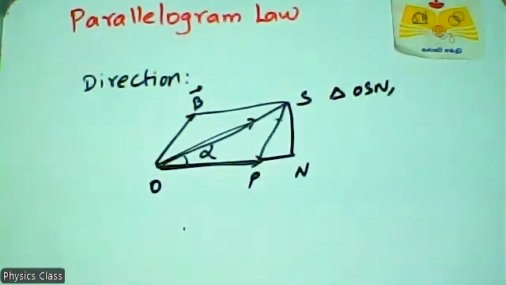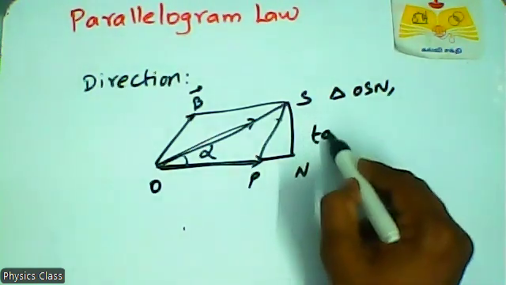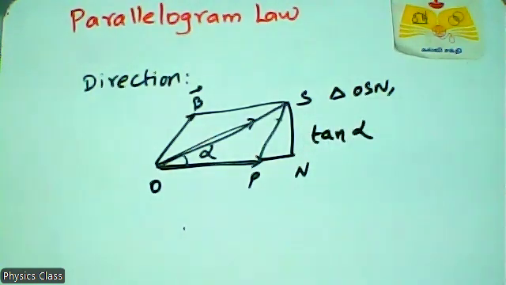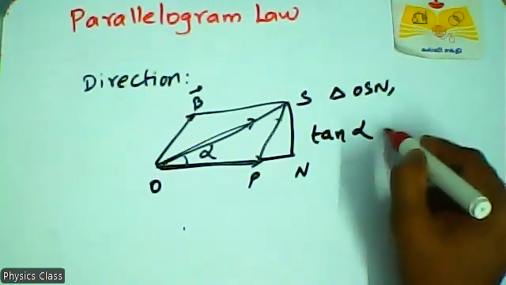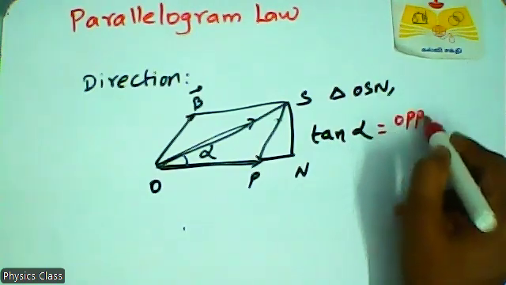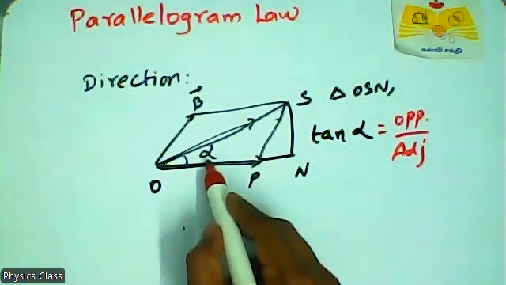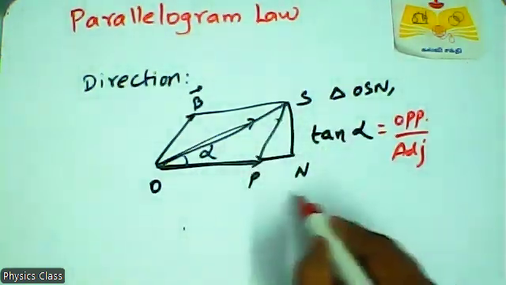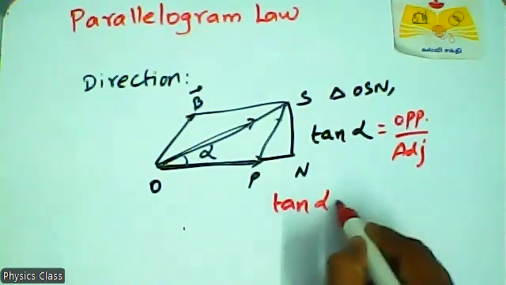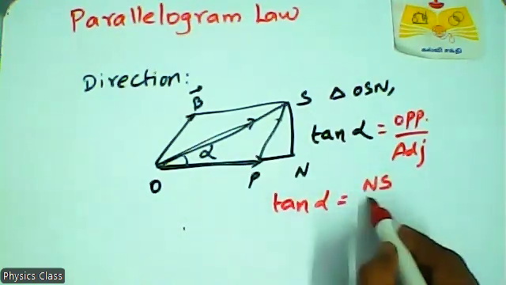For this, we take tan alpha. Tan alpha means opposite side by adjacent side. For alpha, the opposite side is NS, or SN.